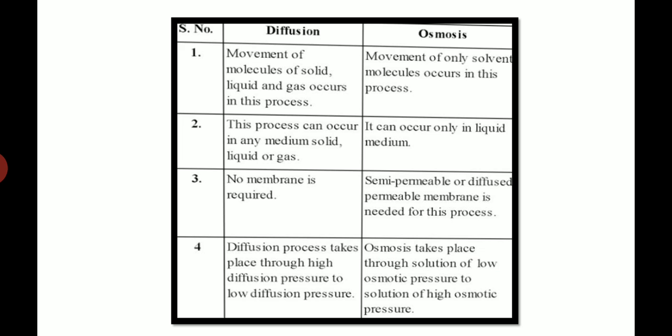So the main difference is that diffusion is the movement of all solids, liquids and gases, but osmosis is the movement of only the solvent molecules, only the water molecules. So diffusion occurs in solid, liquid or gaseous state, but osmosis will only occur in a liquid medium. And another most important point is, in diffusion we don't require any membrane, but in osmosis a semi-permeable membrane is required, because without the semi-permeable membrane osmosis is not possible.